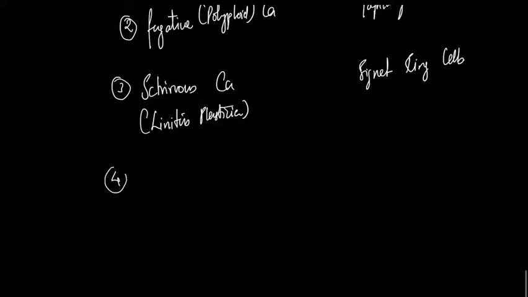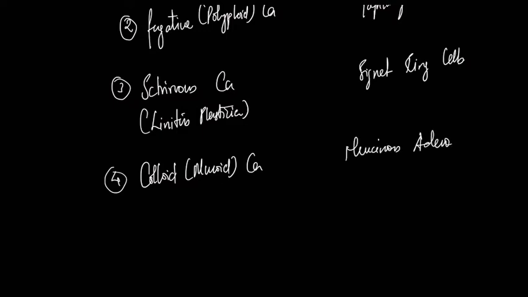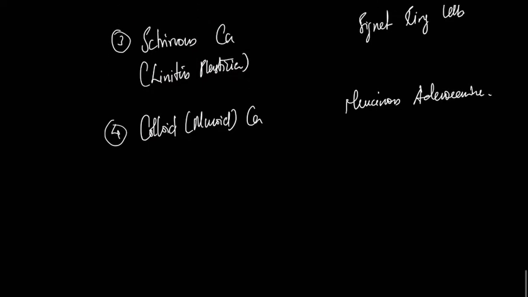And the fourth subtype is your colloid or mucoid carcinoma, which has a microscopic pattern of mucinous adenocarcinoma. And the last subtype is your ulcer cancer, which has a microscopic pattern of adenocarcinoma.